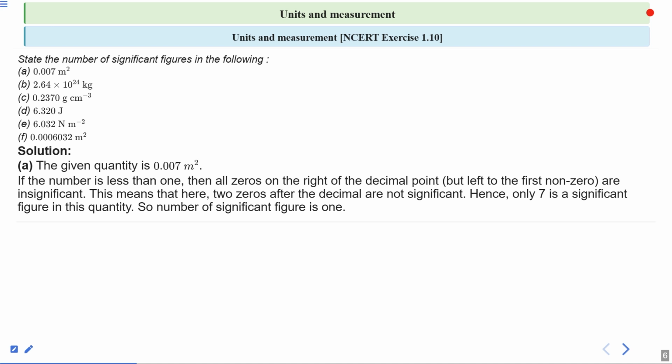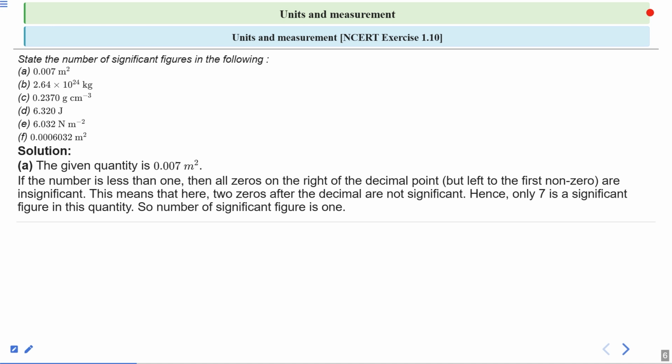What is the first non-zero value here? 7. So left to the non-zero and after the decimal point, here there are two zeros. Both are insignificant. Hence only 7 is a significant figure in this quantity, so the number of significant figures is 1.